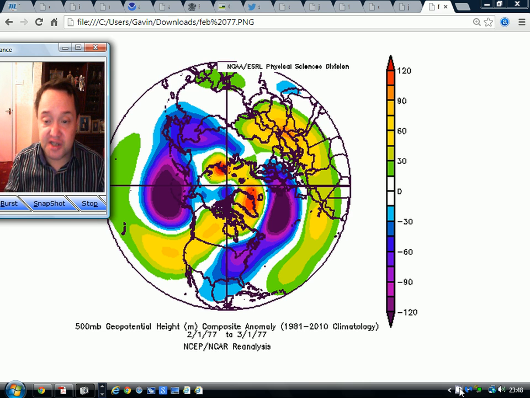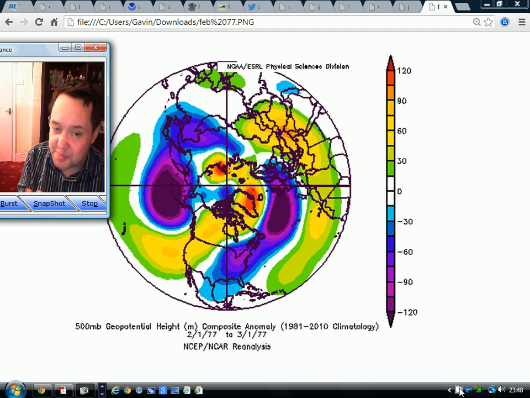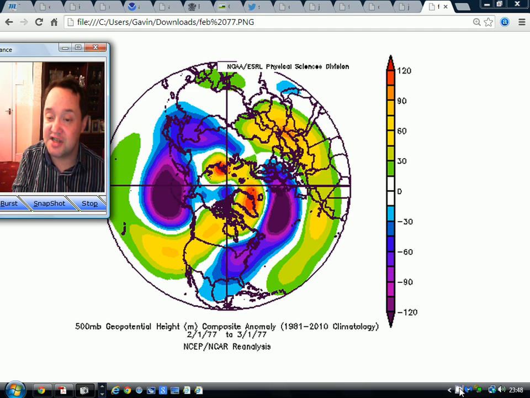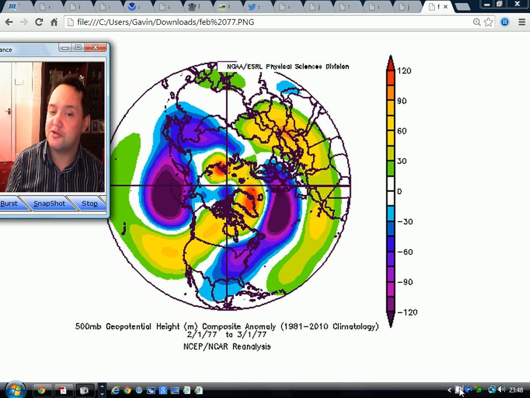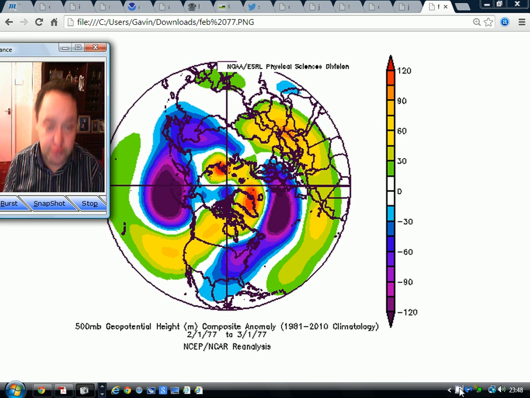So in terms of the analogues, I think 60-61 and possibly, at the outside, 76-77 are the two analogues that you will want to be thinking about for this winter. And I'll throw this in as well, 2002-2003, for a more modern one, taking into account the warming that's occurred through the latter stages of the 20th century.